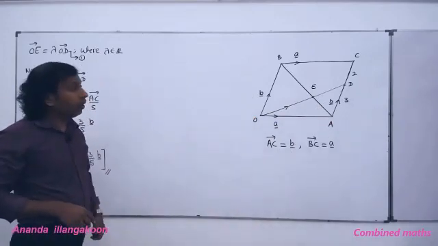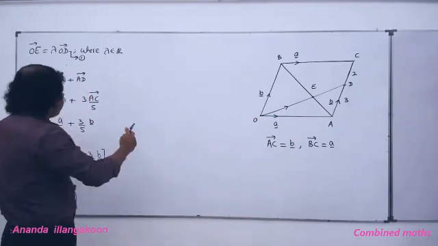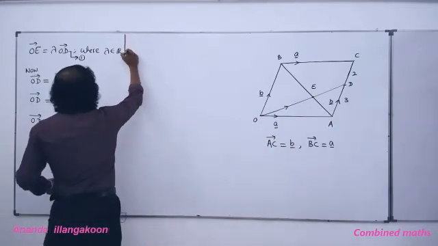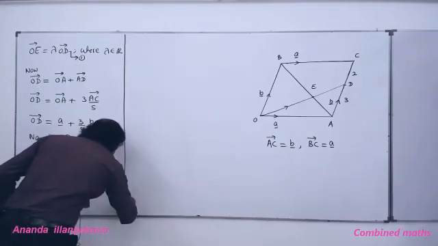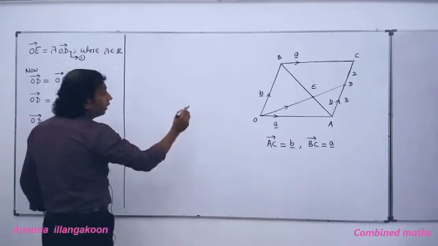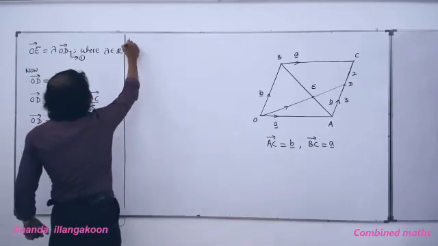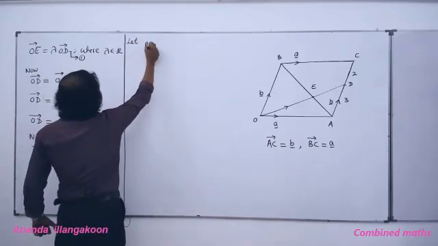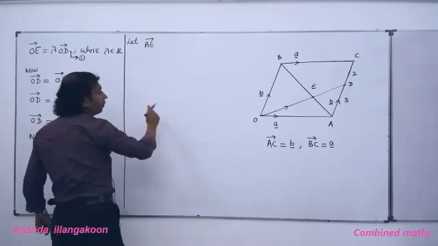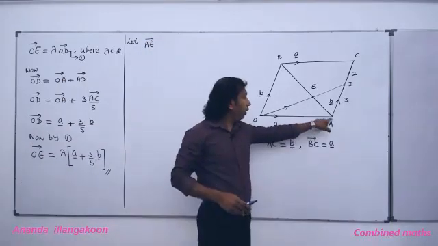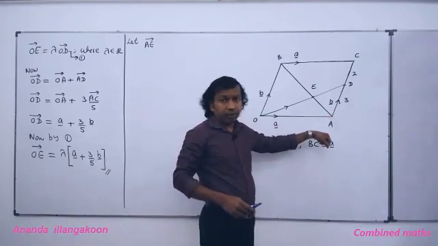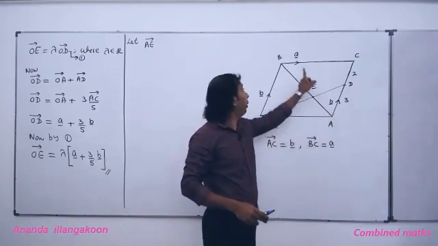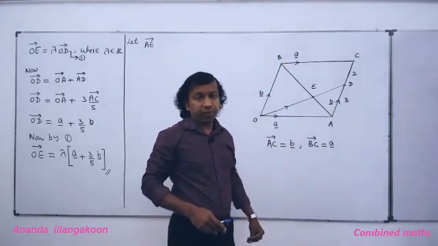Look at this, AE vector, A to E. I can write this AE vector as a part of AB vector.